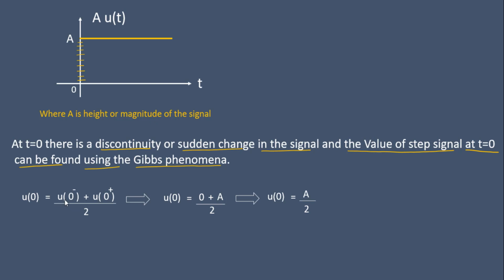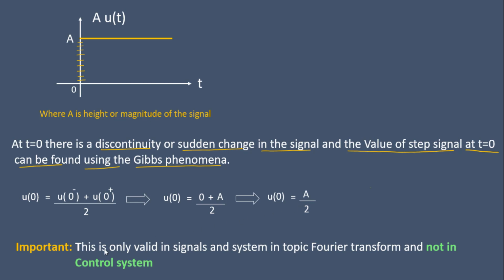The value just before the origin is 0, and the value just after the origin is a. So the value of u of 0 is nothing but a by 2.